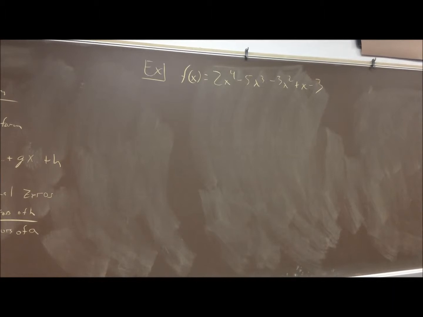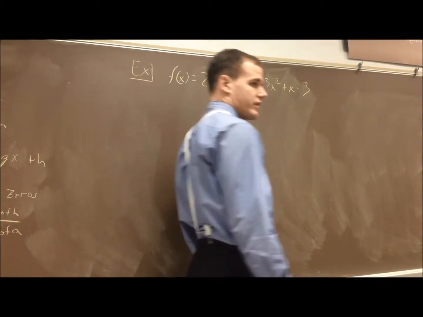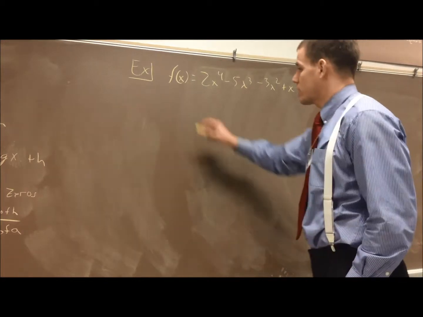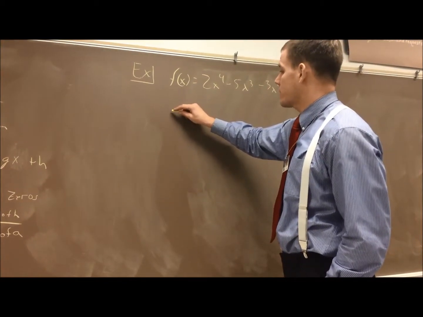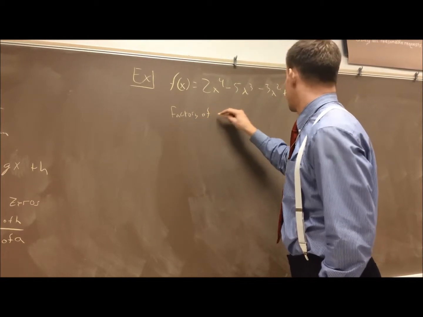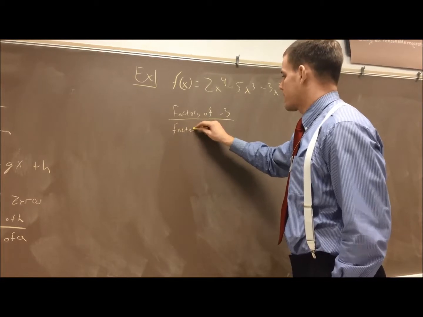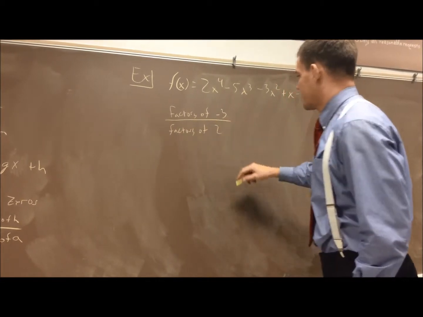Alright, so for this one, if we have any rational zeros, they're going to be of the form factors of -3 divided by factors of 2.